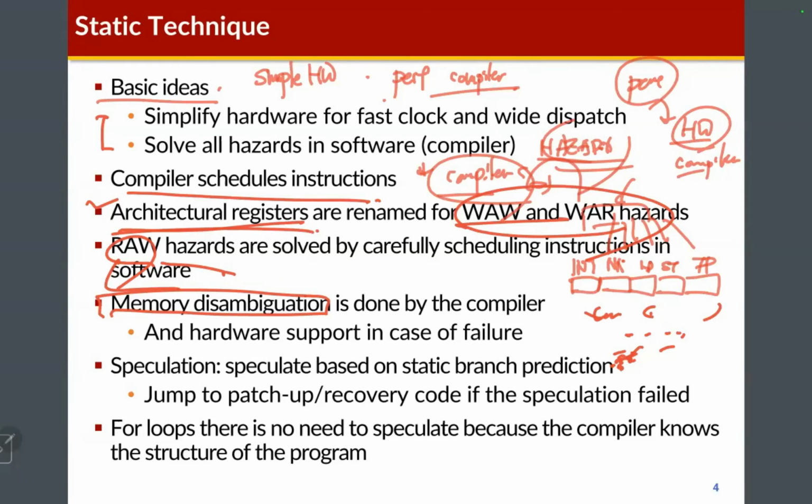In the out-of-order processor architecture, this memory disambiguation problem is solved by a prediction technique, and this prediction technique can also be done by the compiler. Another compilation technique is speculation, which is also handled by compiler techniques, like static branch prediction.